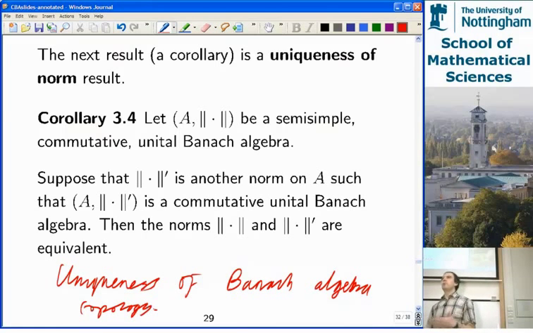It's not saying that the norms are all exactly the same. You can mess around and get slightly different ones. For example, on finite dimensional algebras, like C^n, you could mess around a bit with the norms and find various different Banach algebra norms, but it's not going to change the topology. And the same goes for any old commutative, semi-simple, unital Banach algebra.